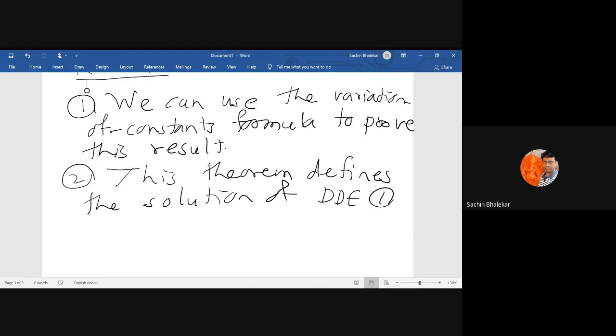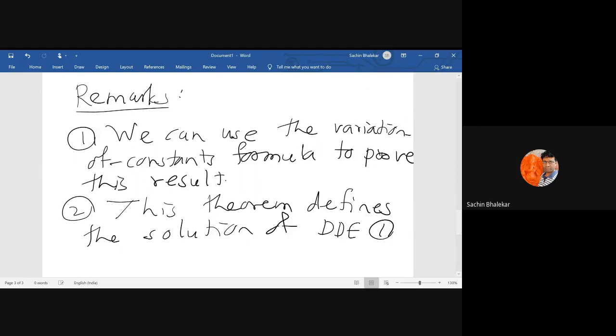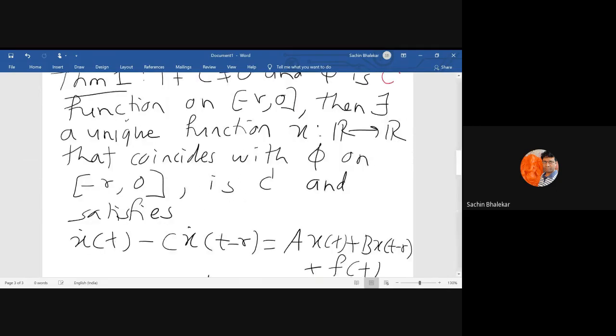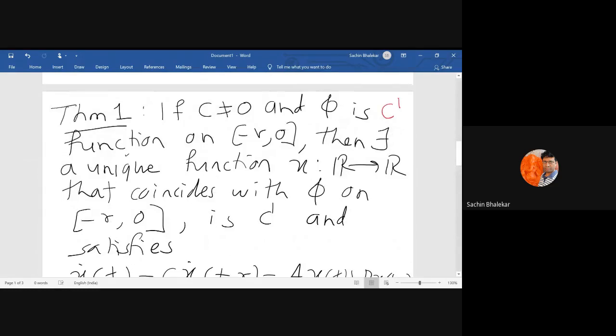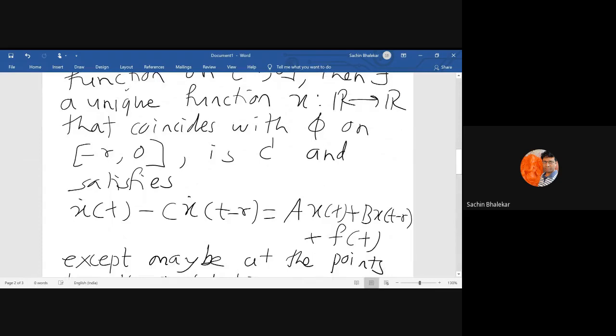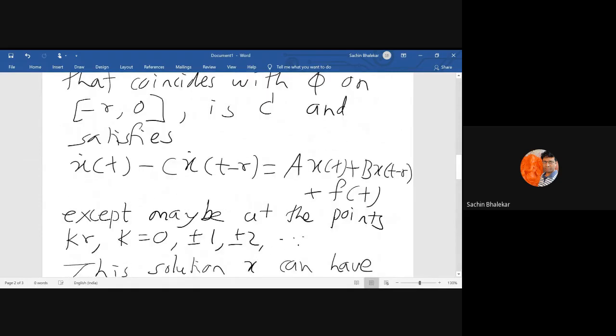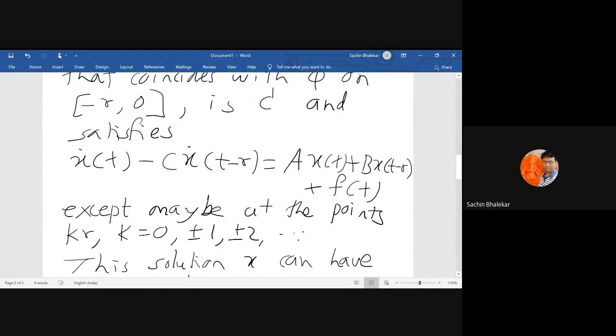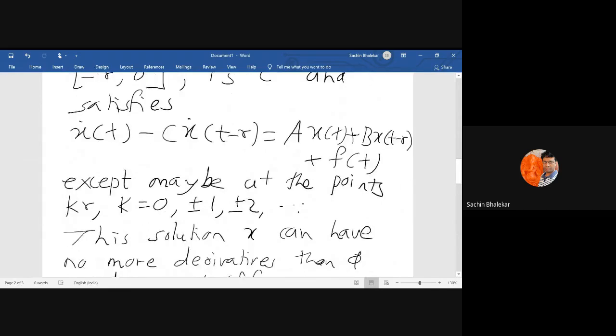Okay, so this explains what is meant by solution. It says that the solution is the unique function from R to R that coincides with phi on the interval minus r to 0, it is C1, and it satisfies this equation except maybe at the points k r, k equal to 0, plus minus 1 and so on.